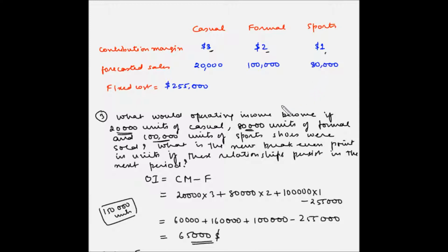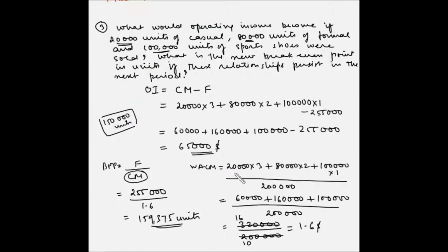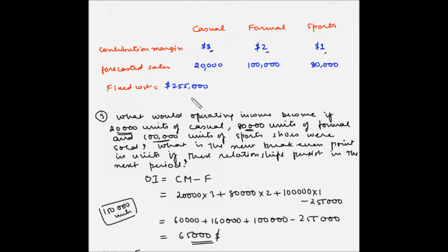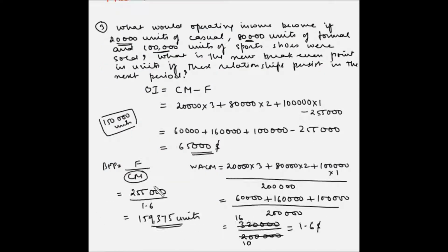So basically our overall contribution margin has reduced, which means that there are less funds contributing towards the recovery of fixed cost, which means that we have to sell more in order to achieve a break-even point.